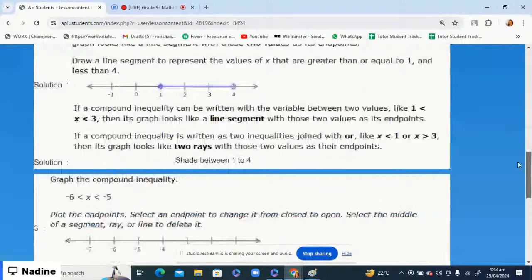Okay, x is greater than minus 6 and less than minus 5.